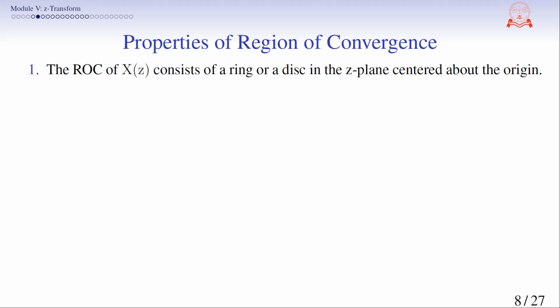Next, going to the properties of region of convergence. The ROC of Z transform consists of a ring or a disk in the Z plane which is centered about the origin. Second property is the ROC of X of Z does not contain any poles, because if it contains any poles, it tends to infinity value.